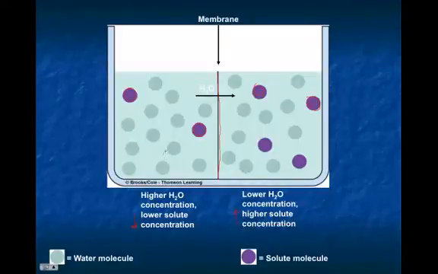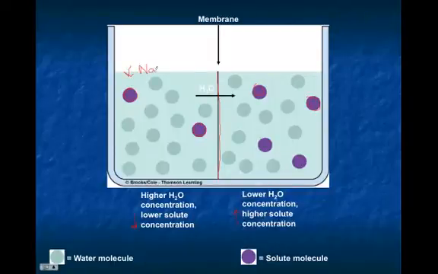So now, to talk about what happens with osmosis. The easy way to look at osmosis is, again, we're concerned with where water wants to move down its concentration gradient. And for osmosis to occur, this membrane has to allow water across but not solute. So in this case, we have lower solute, or we'll just say salt.